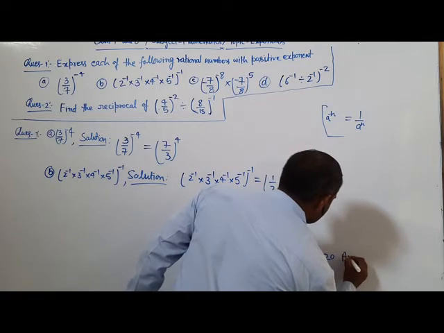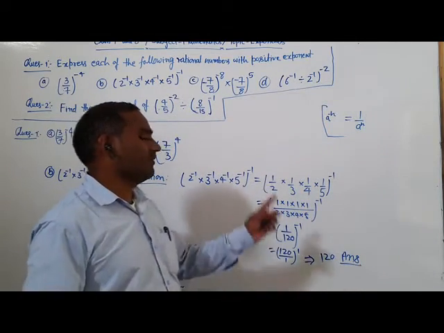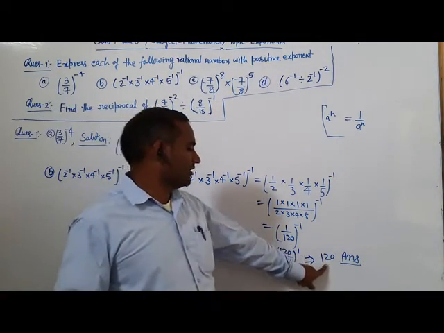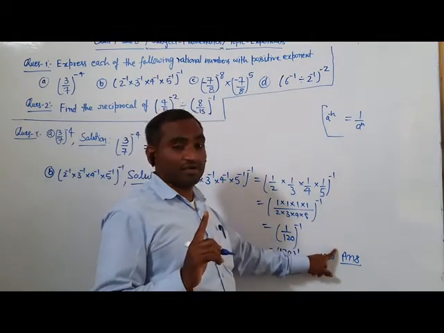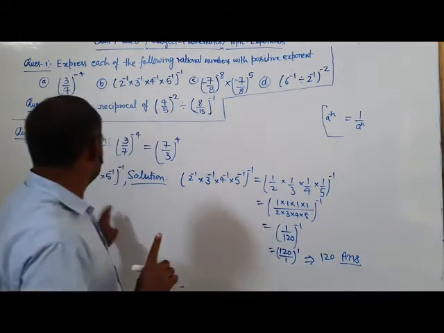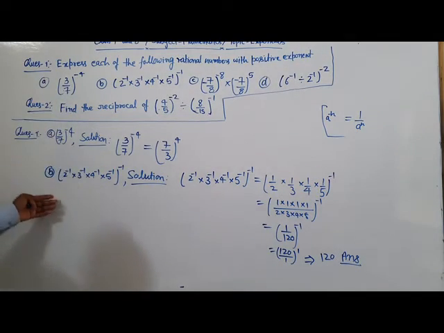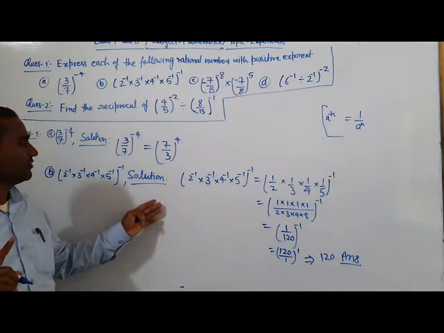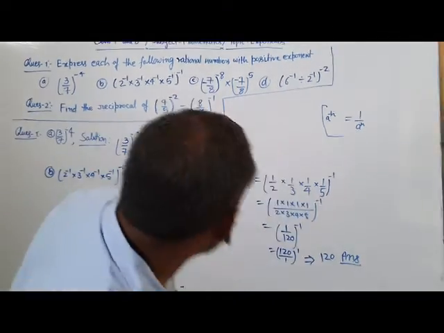This is the answer. 120 means 120^1, so 120 has a positive power. You can solve this type of question by converting the negative power into positive power of rational numbers.